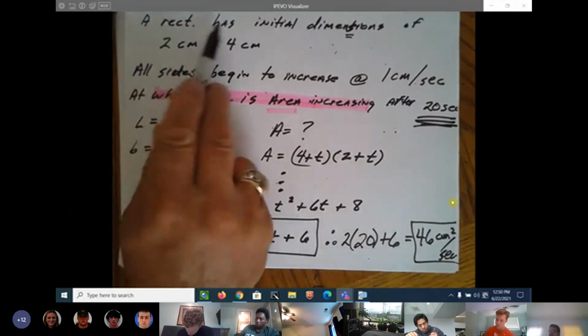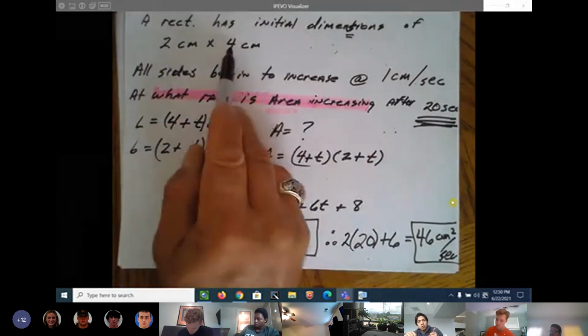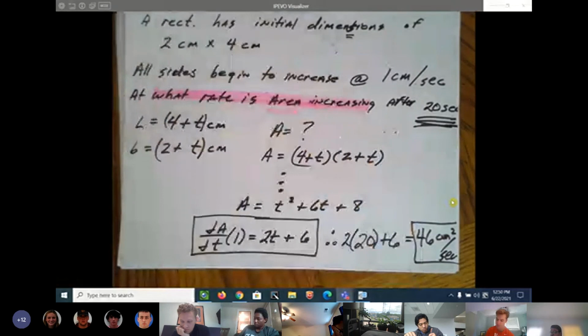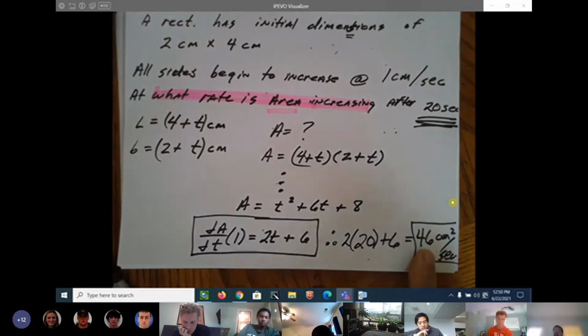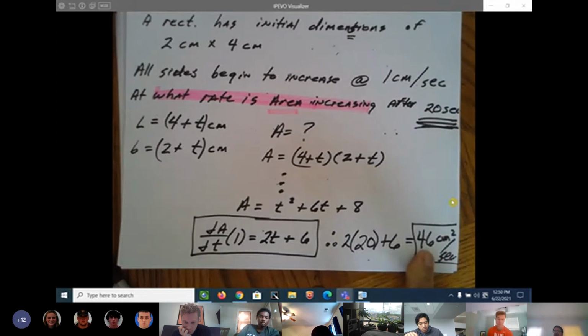So this rectangle is increasing. Think of it increasing 1 meter per second, like that. And at 20 seconds, the area is changing at 46 square centimeters per second.